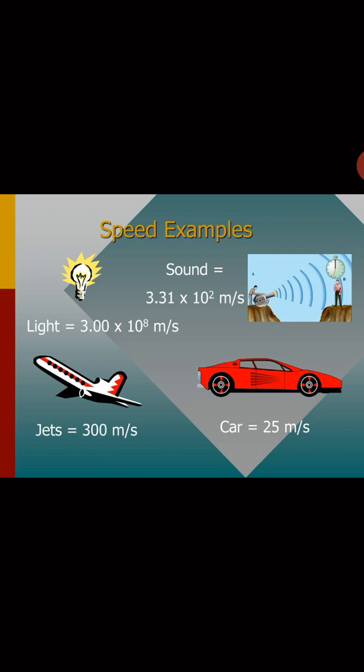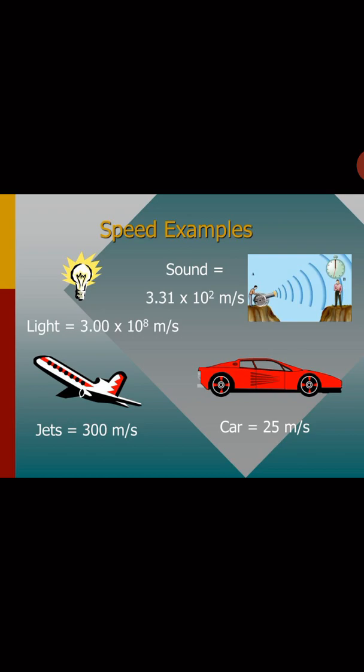So the sound is traveling from one person to another with a speed of 3.31 into 10 raised to 2 meter per second. Into 10 raised to 2 means 3.31, and two zeros after that. So instead of writing those two zeros, it's written in the manner 10 raised to 2 meter per second.